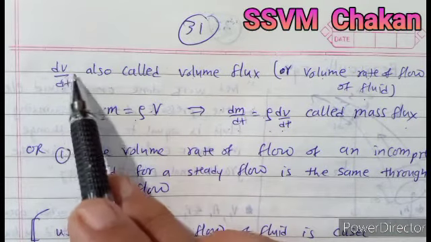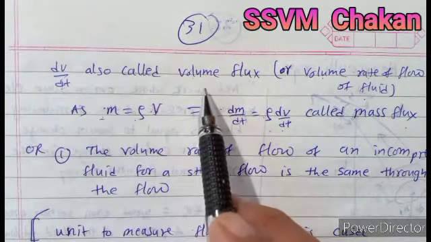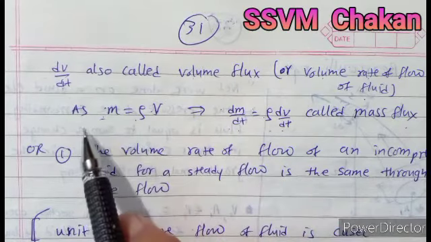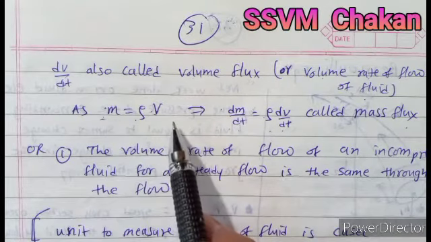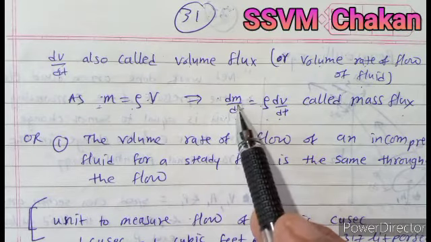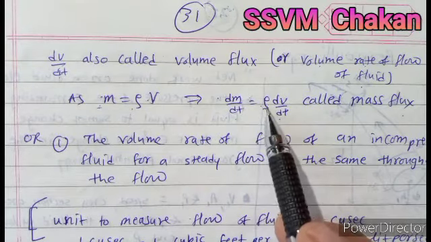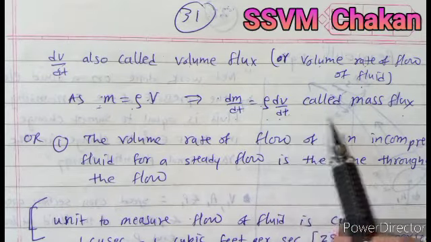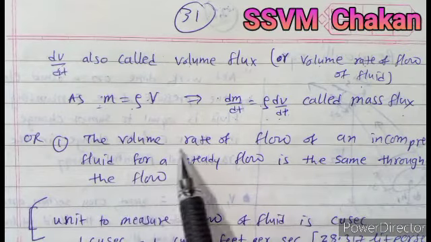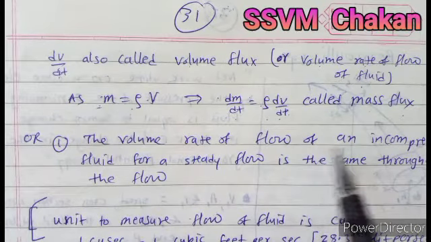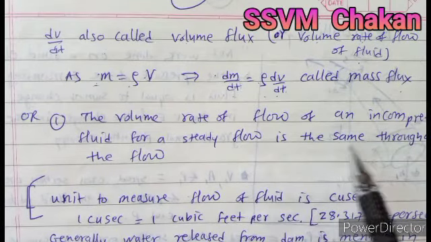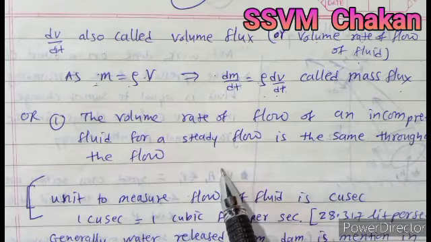So dV by dt, where V is volume, is called volume flux. As we know, m is equal to rho into V. When we differentiate with respect to time, dm by dt is equal to rho dV by dt, called mass flux. The volume rate of flow of an incompressible fluid for steady flow is the same throughout the flow.